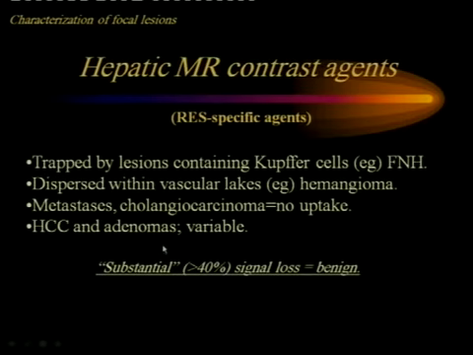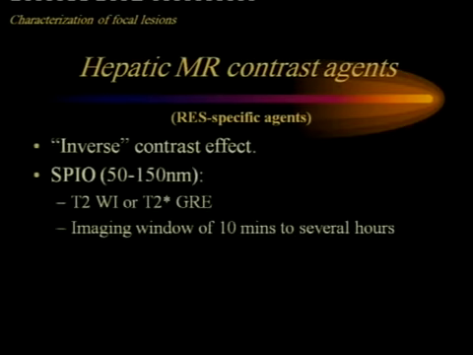Hepatomas and adenomas may be somewhat variable depending on the degree of differentiation and the degree of residual Kupffer cells. But a substantial signal loss, more than 40%, is considered to indicate that this lesion is a benign lesion.